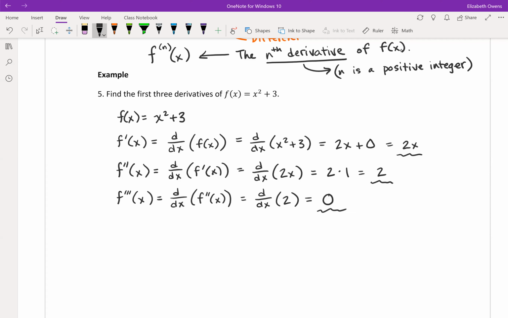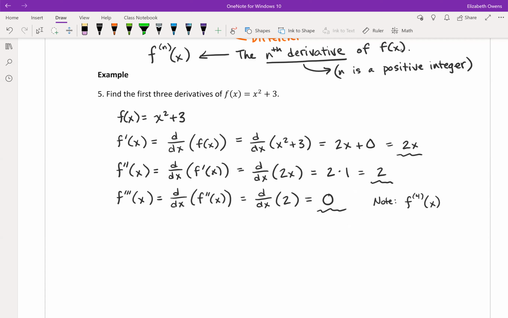Third derivative is 0. Now, it's also kind of worth noting what would have happened if this problem had asked us to go any further with this. So you might want to make yourself a little note here. Note, if we had to go any further, like taking the fourth derivative, the fourth derivative would have equaled 0 as well, because to get the fourth derivative, we would have taken the derivative of our third derivative, the derivative of f triple prime here.